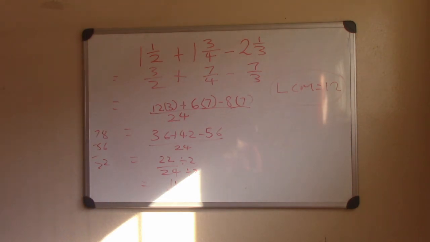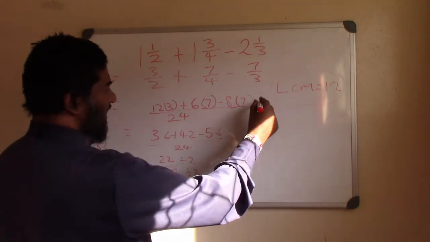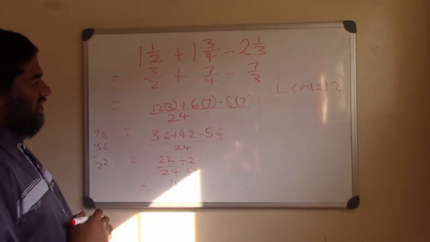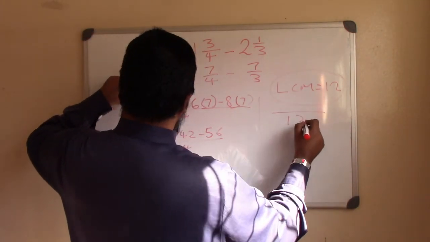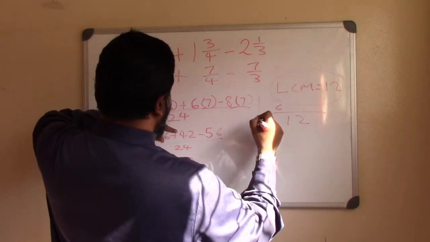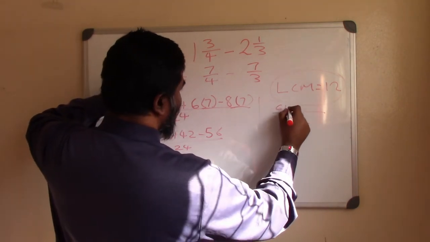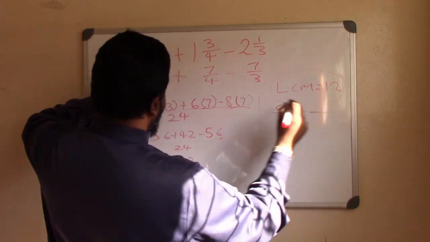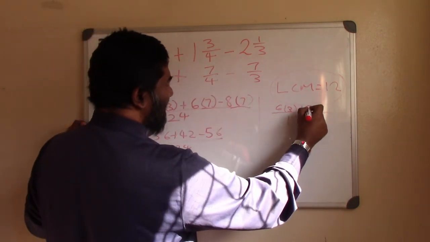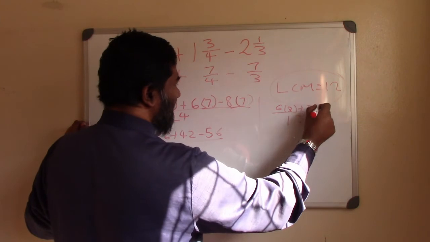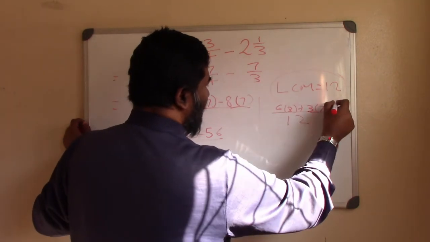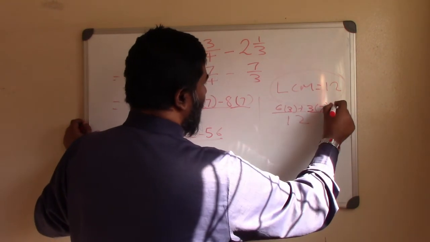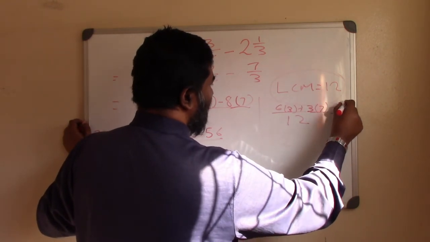Now what you notice is if I use the correct LCM of 12, 2 goes into 12 6 times, the 3, plus 4 goes into 12 3 times, the 7, minus sign. 3 goes into 12 how many times? 4 times 7.